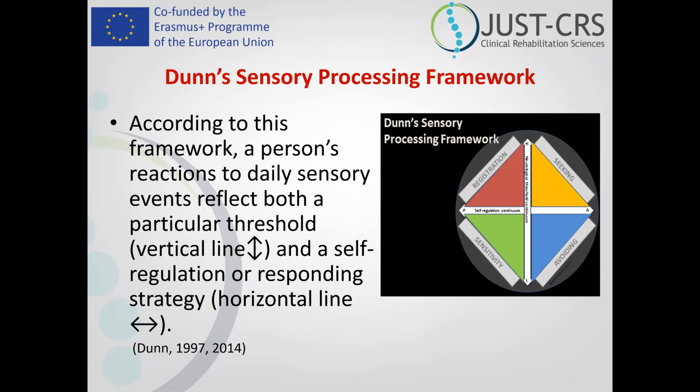Because we have different sensory systems, we can show seeking patterns, for example, in some sensory system, and maybe a sensitivity pattern in another sensory system like visual. So what are these quadrants, or how can we define or characterize these quadrants?